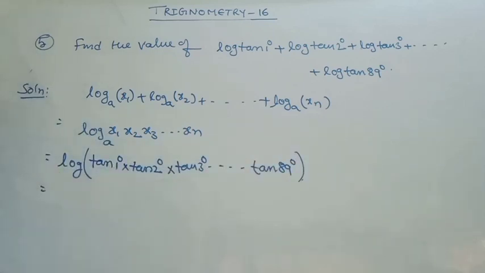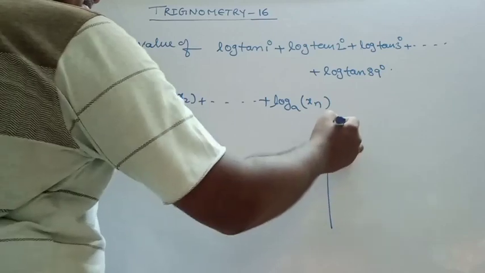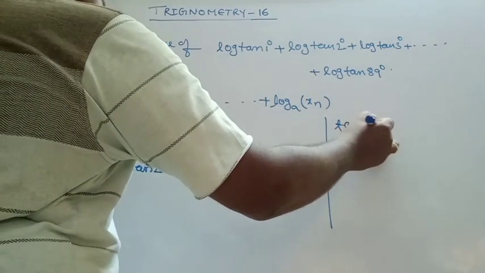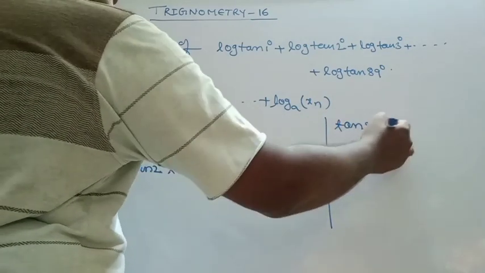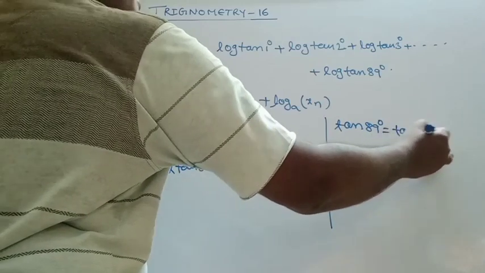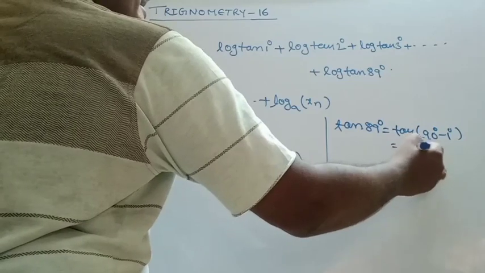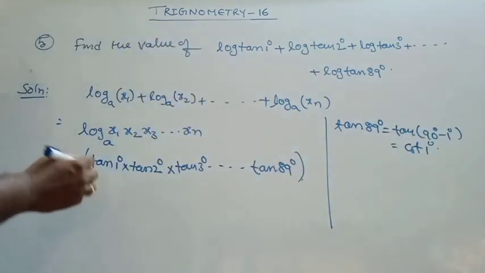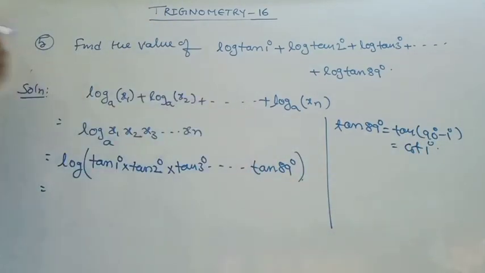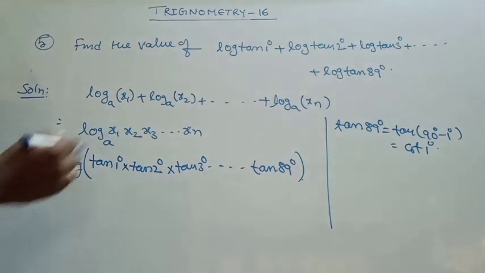And one more thing we should know: tan 89 degrees is equal to tan of 90 minus 1 degree. That means cot 1 degree. So tan 89 we can write as cot 1 degree.